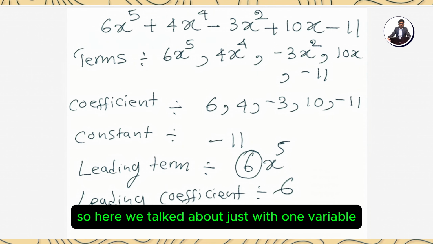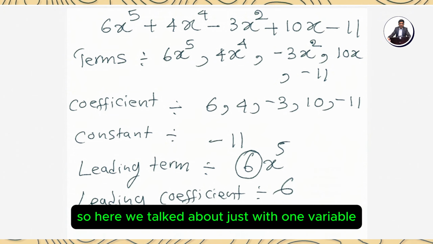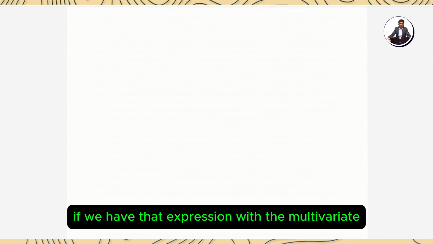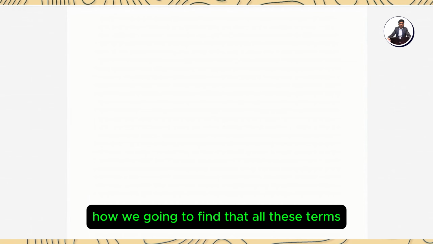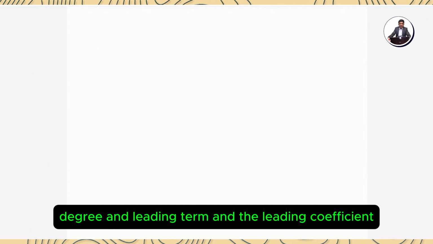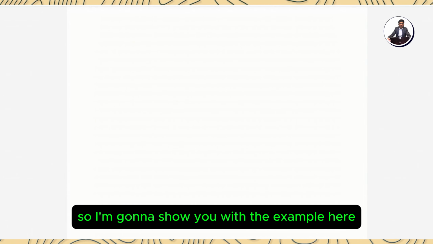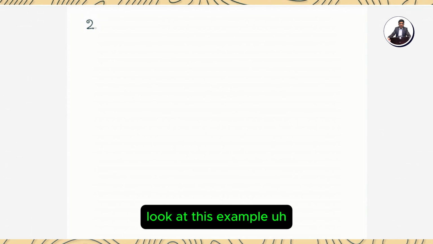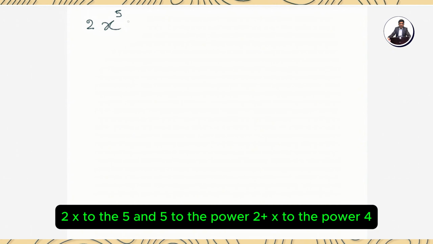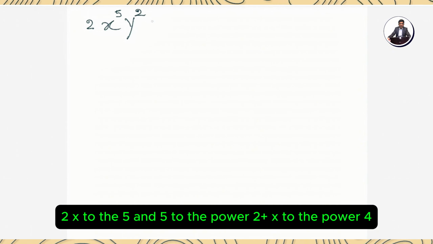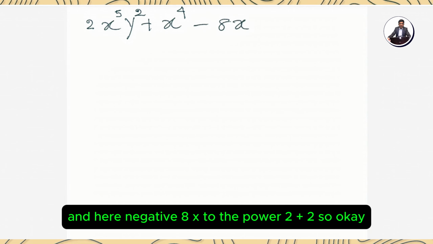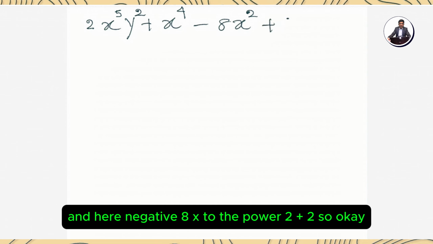So here we talked about just one variable. Now I'm going to show how to find the terms, coefficients, constant, degree, leading term, and leading coefficient if the expression has multiple variables. Look at this example: 2x to the 5 y to the power 2 plus x to the power 4, negative 8x to the power 2 plus 2.